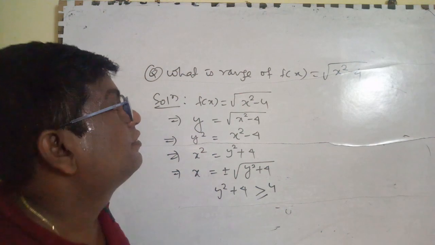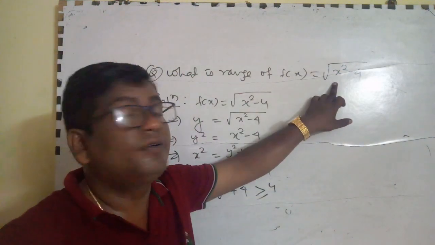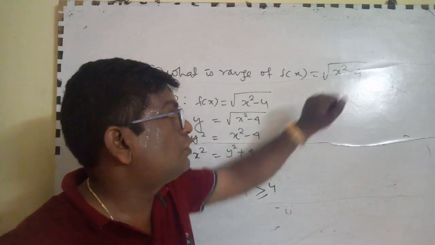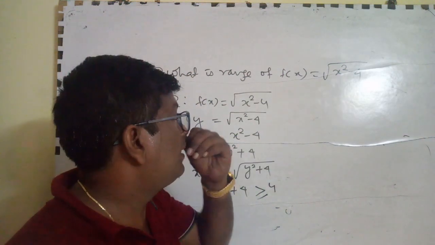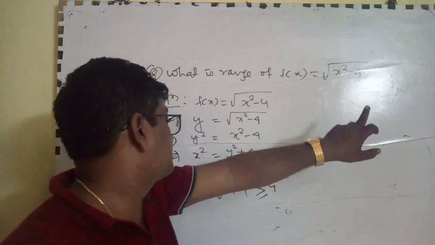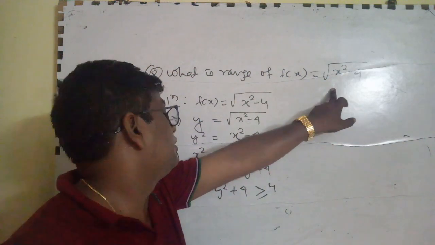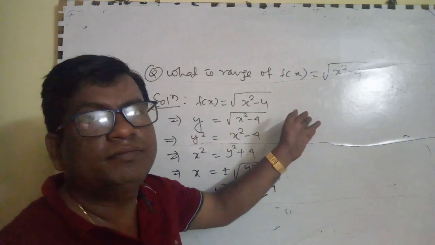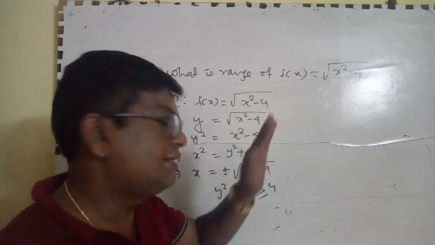Let us see, if x is equal to plus 2 or minus 2, this is 0, and x is 3, 4, 5, then y increases.